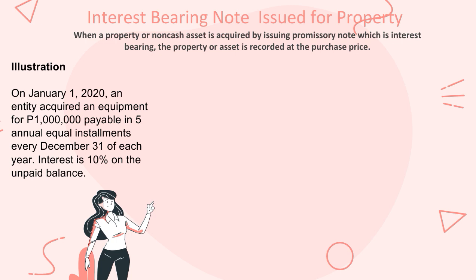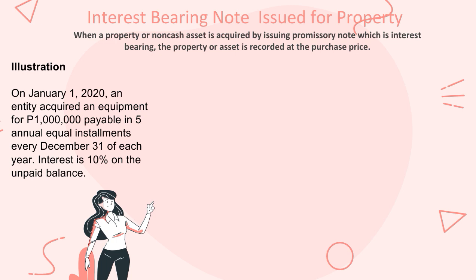Parang sa bond, 'di ba? Serial bond. Ang note payable, serial, or there is a series of payments, okay? We're gonna pay for this year, another year, next year, up until the note payable will have a zero balance. Okay?